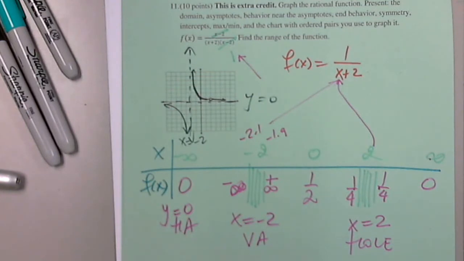Remember, max min means increasing, has a peak and then decreasing, or decreasing then increasing. This function is decreasing all the time. No turns, no max min. It's always decreasing. Can anyone give us the range of this function?